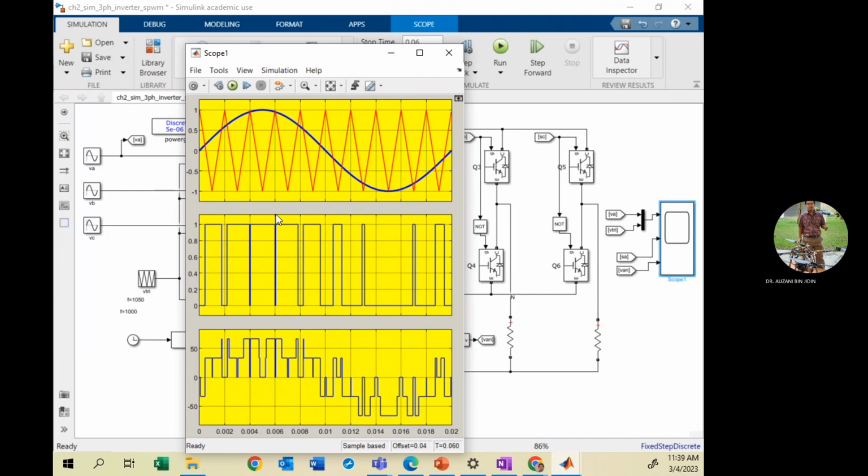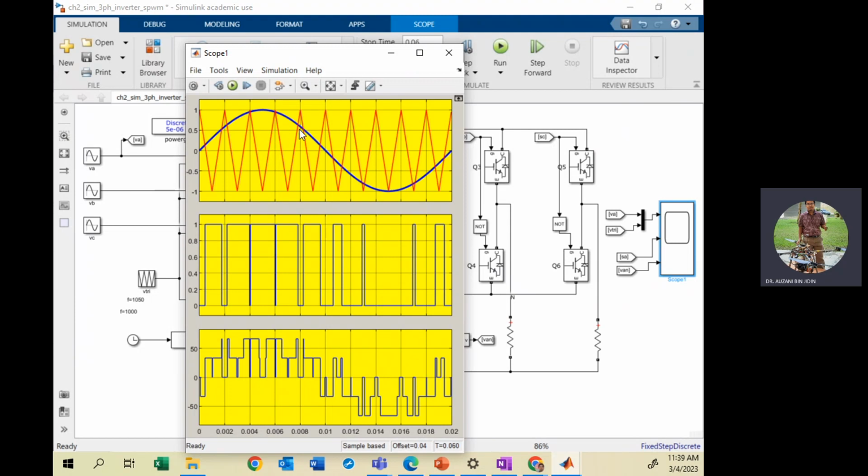Okay, so this scope is used to plot the first graph, the modulating signal VA and the triangular. Second graph, the switching state. So then you can verify what we have discussed. The switching state can be either 1 or 0. It will produce 1 here, for example this interval, logic 1, if VA is larger than the triangular.